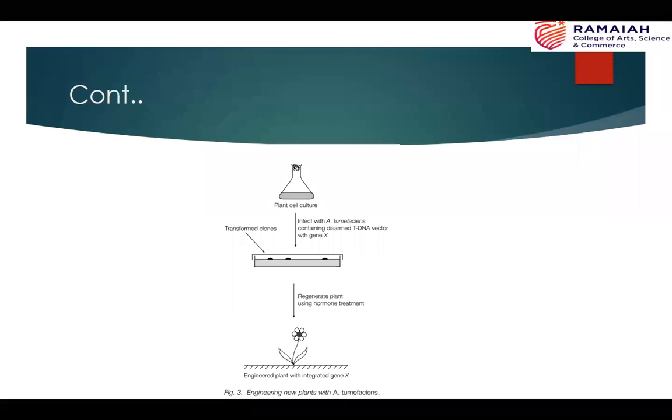Of course, in the last unit, applications of recombinant DNA technology, one separate topic is genetically engineered plants. There again we'll be discussing in more detail how to produce these genetically engineered plants, and you will come across this Ti plasmid, because the vector that will be used for transferring the gene would be the Ti plasmid.